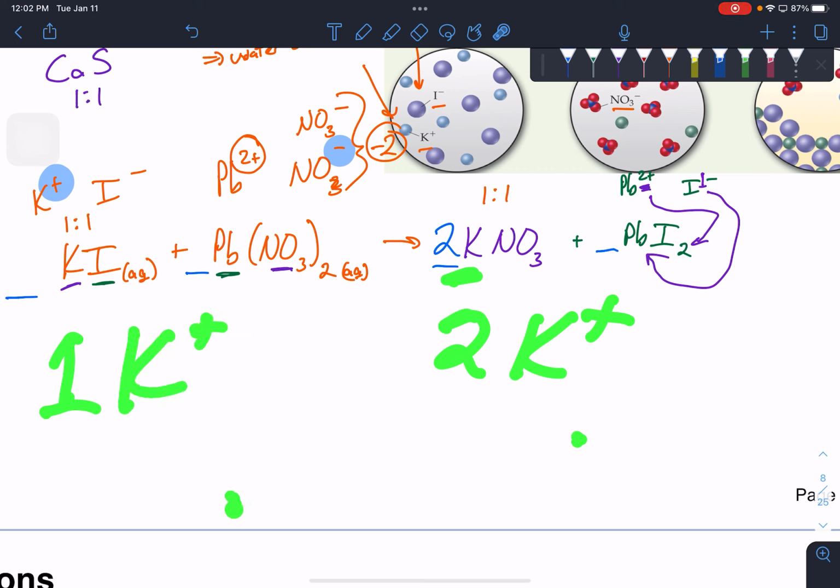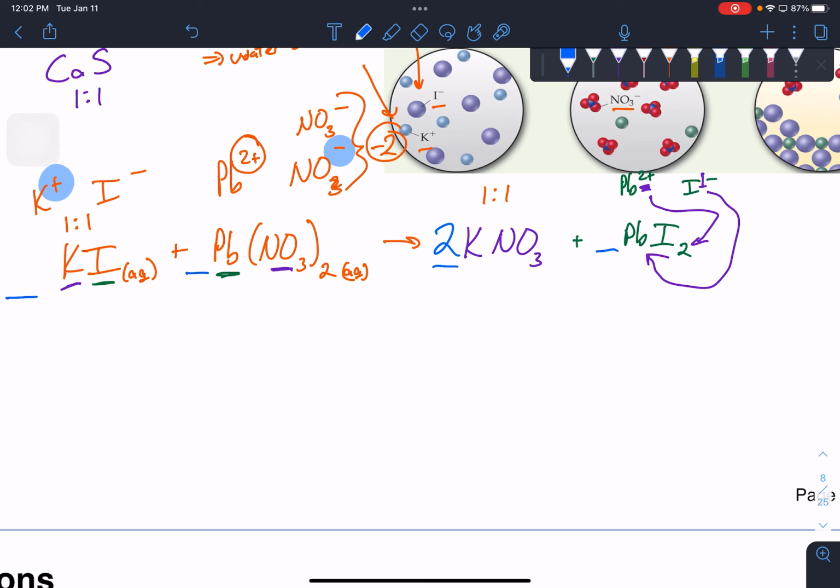So now I go back and adjust the number of potassiums to get it balanced out. And then lo and behold, you also balance out the iodine. So that's fairly typical for these double replacement reactions. Usually by 2 or 3 steps at most, it should be balanced.